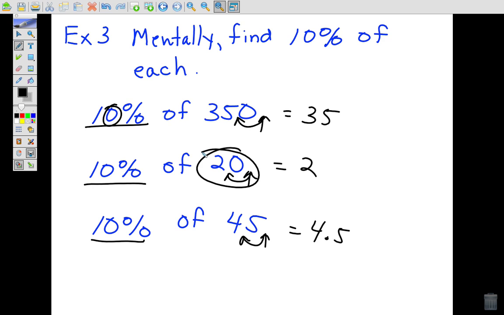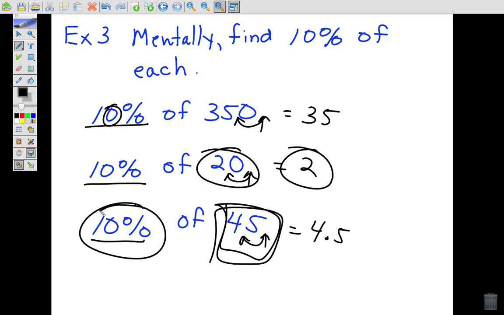Well, if your meal is $20 and you're going to leave 10% for the waiter or waitress, let's see, 10% of 20, I'm going to leave $2 as a tip. Or say you're in a restaurant, it's $45 and you're going to leave a 10% tip. Well, you're going to leave $4.50. 4.5 is the same thing as $4.50. So, as you can see, the topic in lesson 41 is taking percent of numbers.